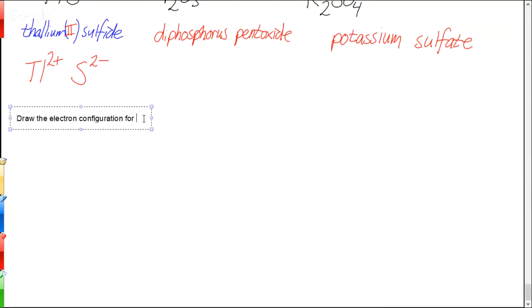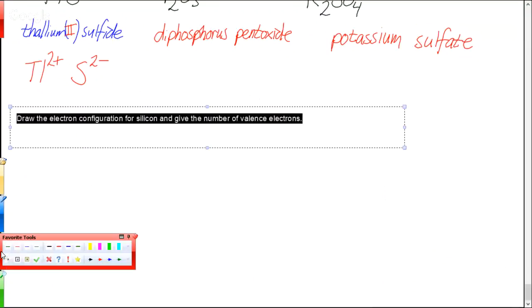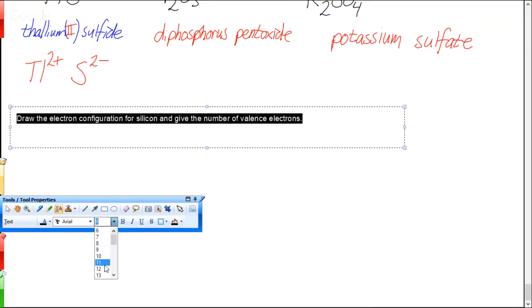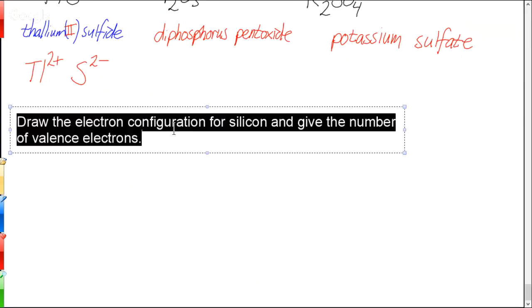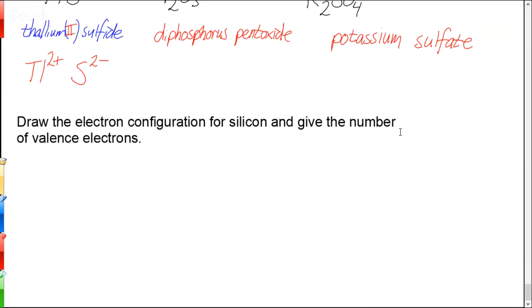Draw the electron configuration for silicon and give the number of valence electrons. So something like this. Draw the electron configuration for silicon and give the number of valence electrons.